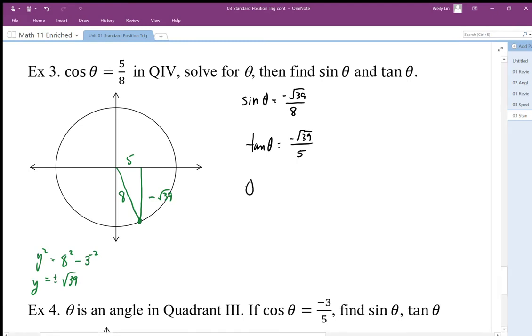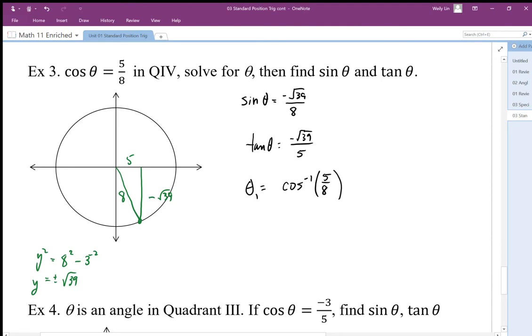So when I solve for theta, and I'm going to call it theta 1 because my calculator always gives me theta 1, I'm going to use the arc cos. So here I've been given the ratio. I need to actually go backwards and solve for the angle. So I'm going to use the second function cos. My input is my ratio.